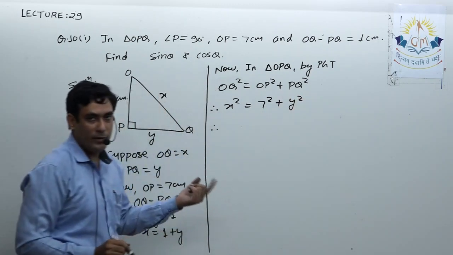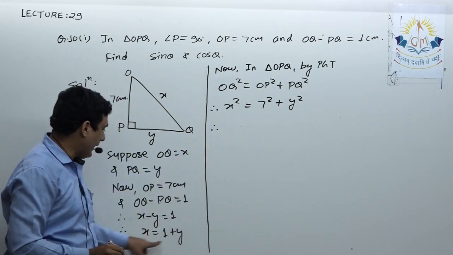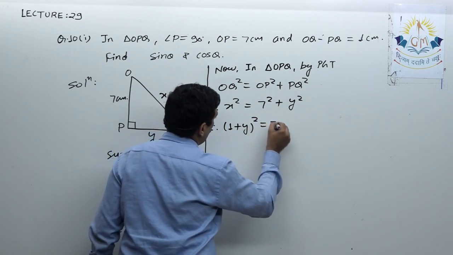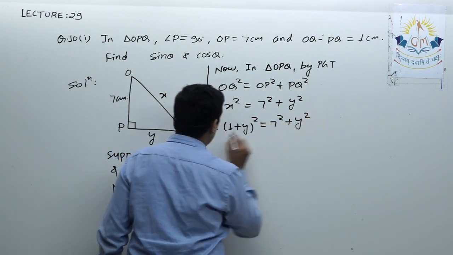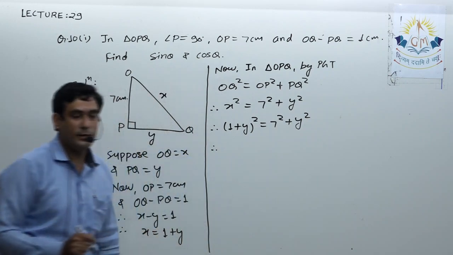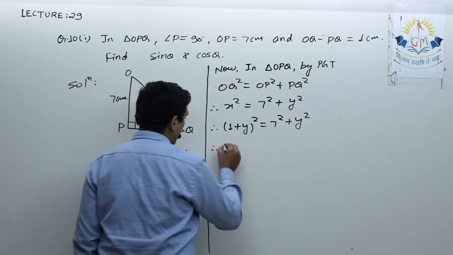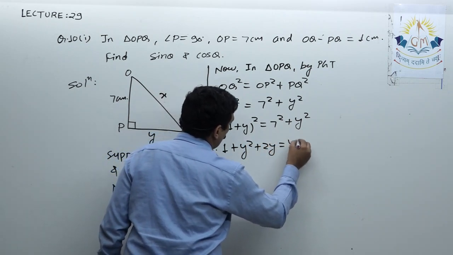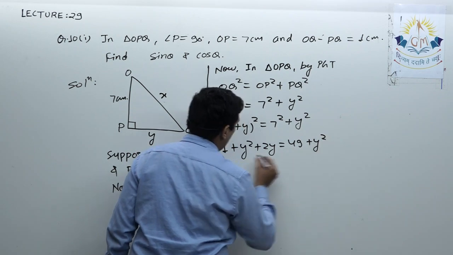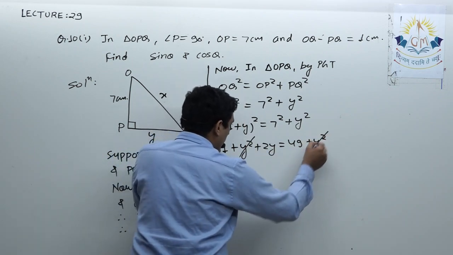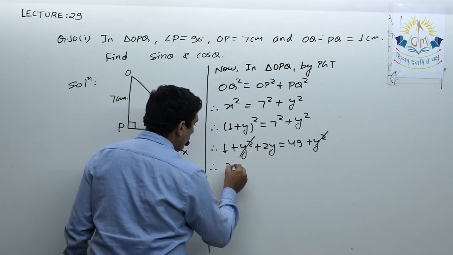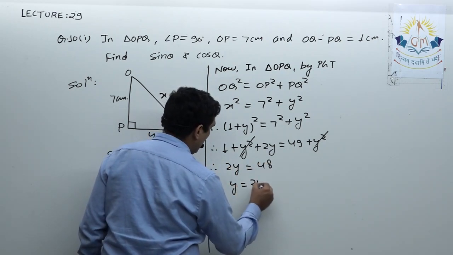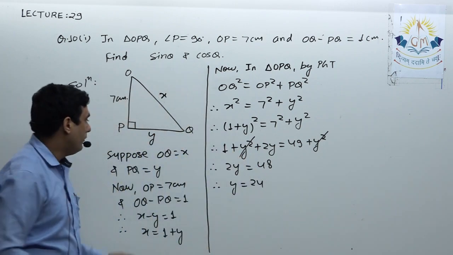Now we replace X with 1 plus Y. So (1 plus Y) whole square is equal to 7 square plus Y square. Applying the identity of (A plus B) whole square, we get 1 plus 2Y plus Y square equals 49 plus Y square. This Y square cancels out. 2Y is equal to 48, so Y is equal to 24. I got the value of Y.